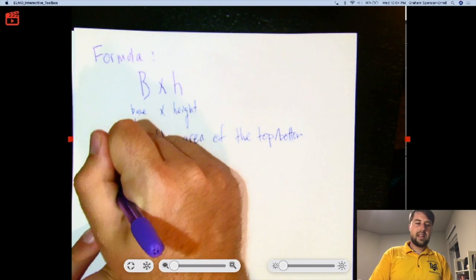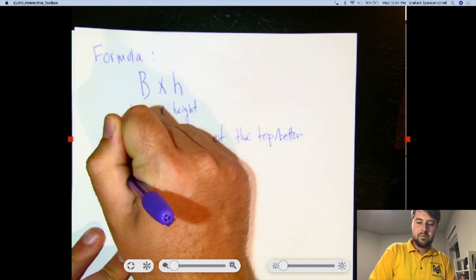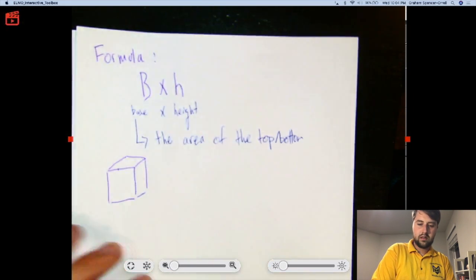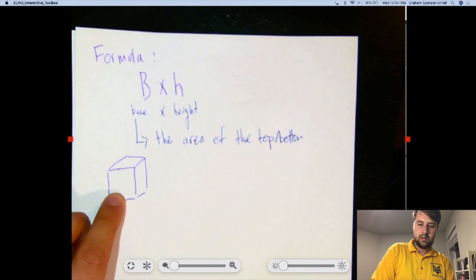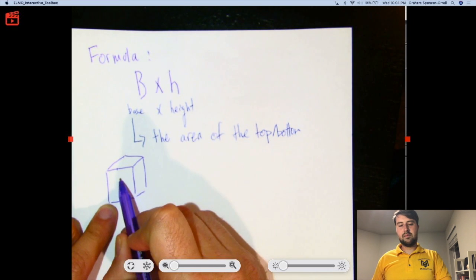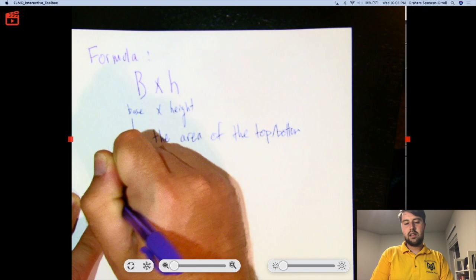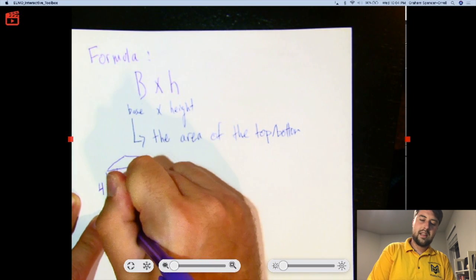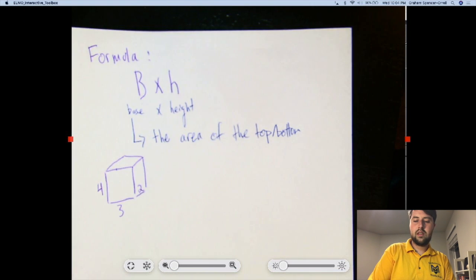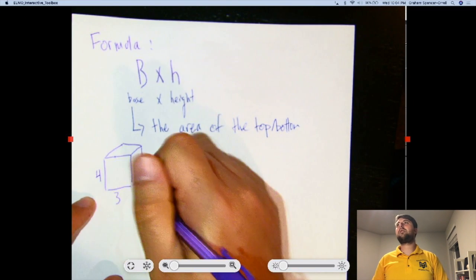All right, so let's take, I'll draw a box because my box is a little too big for us to fit on that camera. Here's our box. This is going to be our base here, and this is going to be how tall it is. So let's say this is 4 times 3 times, let's call this 2, just so we have all different numbers.